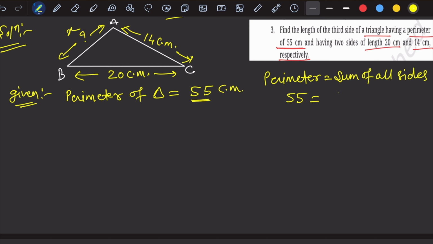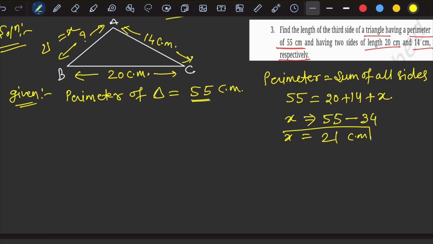We have to find out the value of x. So 55 equals 20 plus 14 plus x. So x equals 55 minus the sum of 20 plus 14, which is 34. So 55 minus 34 is 21 centimeter. So this side will be 21. So this is our answer. This is how we will find the third side of a triangle.